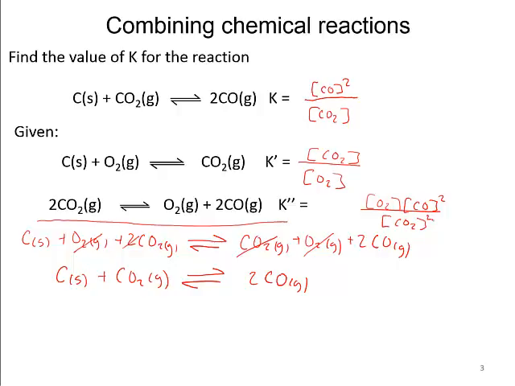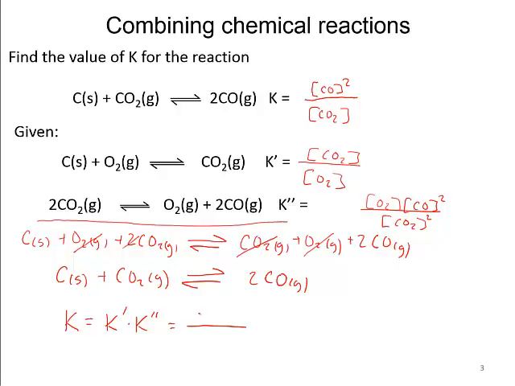Now, can I combine K prime and K double prime in order to give the equilibrium constant K? And if you look at them, I'll do the math, but K will be equal to K prime times K double prime, and let's see how that works.